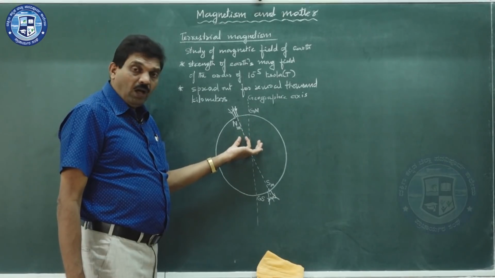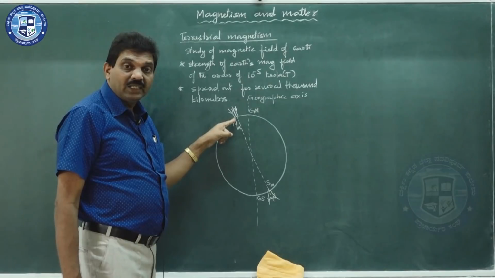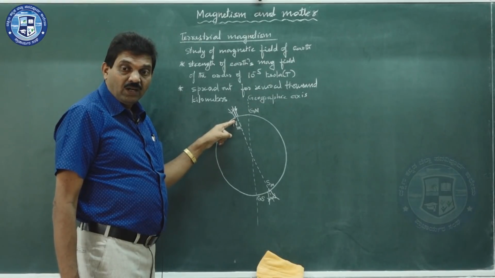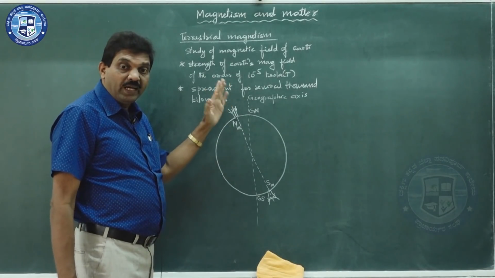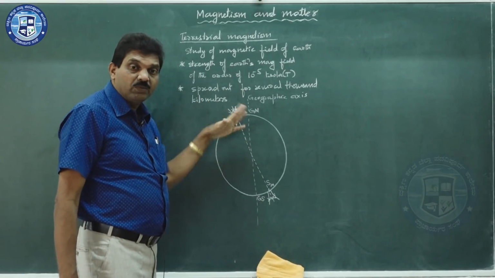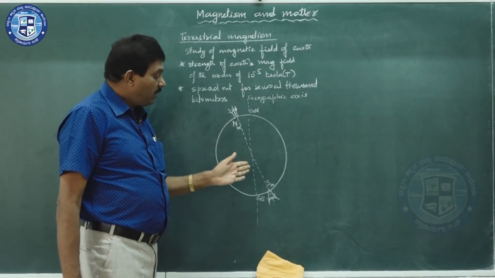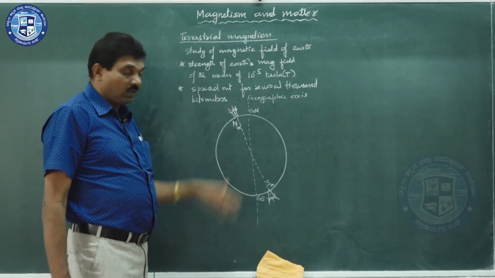So, the pole of the suspended magnet must be attracted by the magnetic north of the earth. So, the lines should be outward from north pole, and here it should be inward, that is why it attracts. So, suspended magnet will remain almost in the direction of geographic north south.